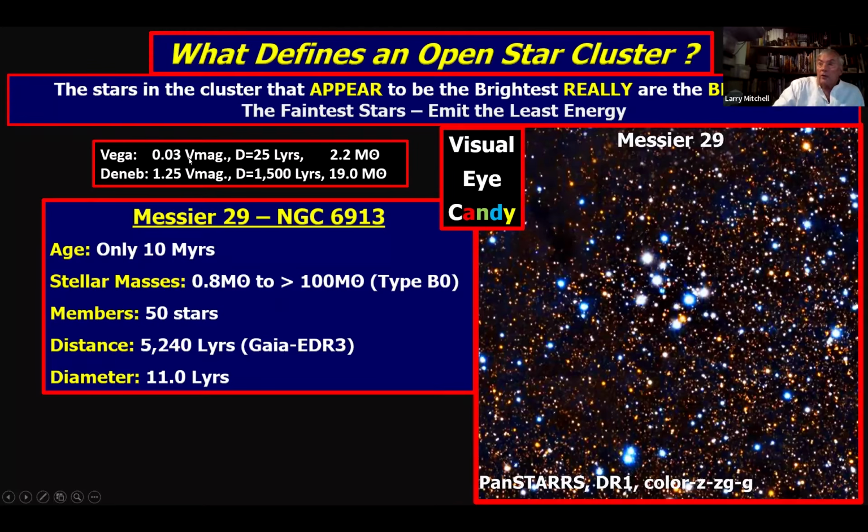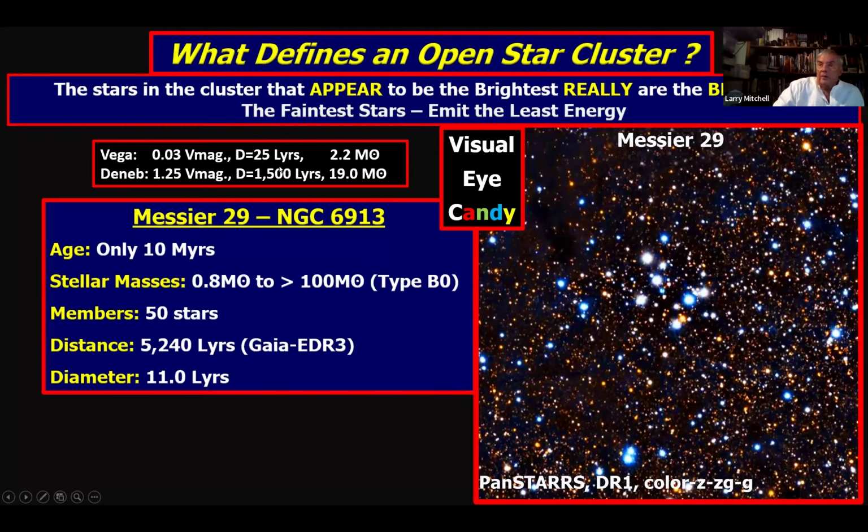A good example is Vega. It's the brightest star in the northern sky. It's only 25 light years away, which is why it's so bright, but it's only about twice the mass of our sun. Deneb in Cygnus is a little over a magnitude fainter, but it's 60 times further away than Vega, and it is 19 times the solar mass.